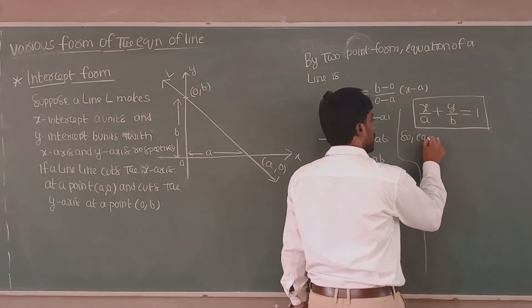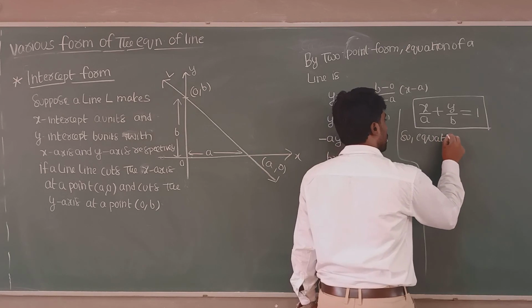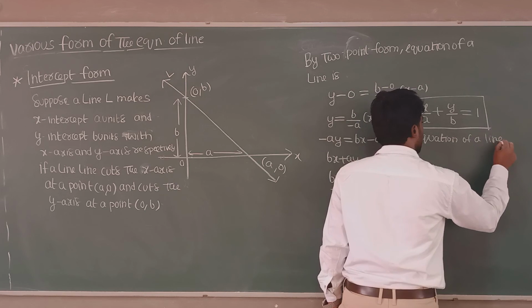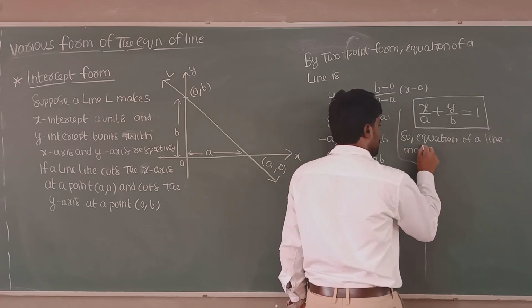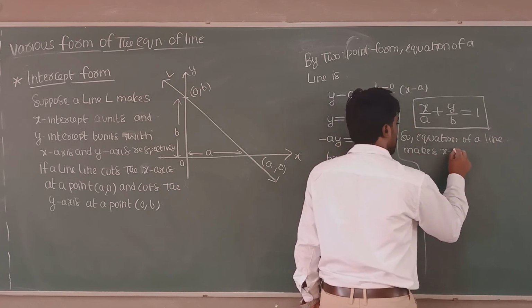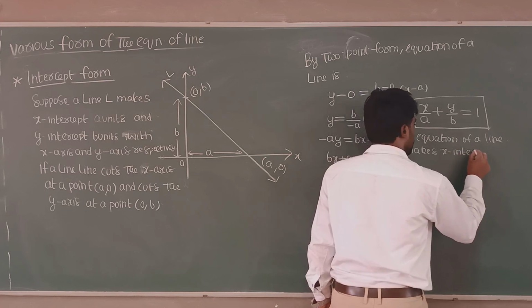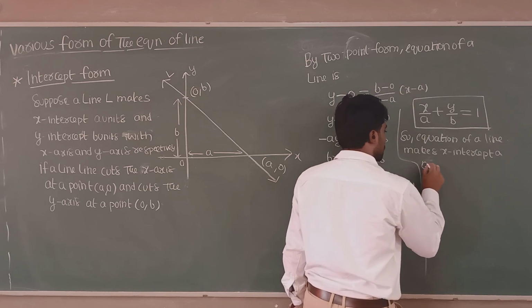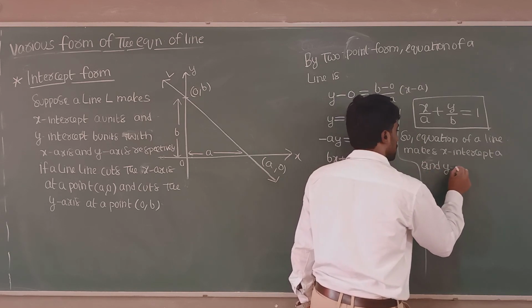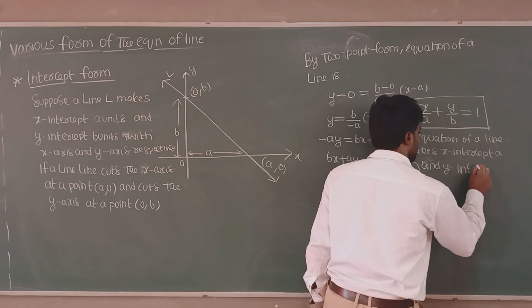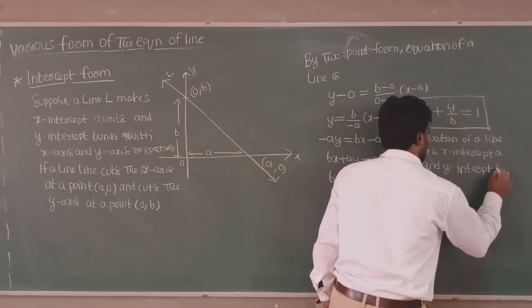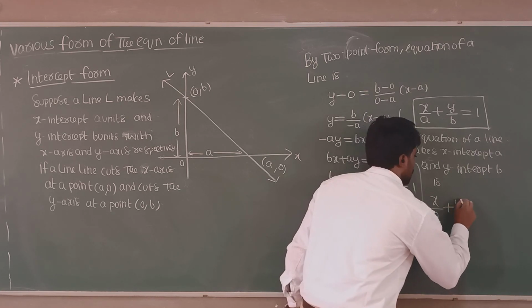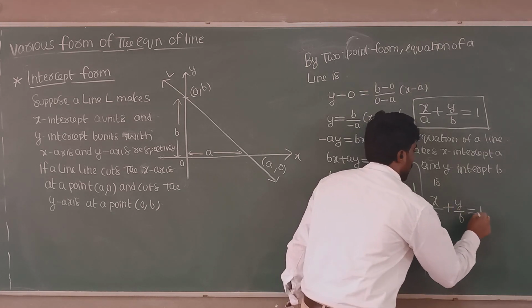The equation of a line makes x-intercept a and y-intercept b, and the equation is x by a plus y by b equal to 1.